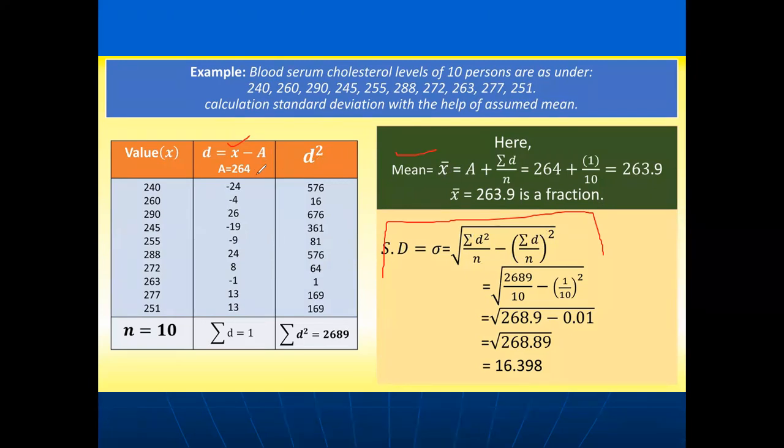So let us assume the number as 264. So based on that, these are the deviation values we'll be getting. Sigma d is equal to 1, sigma d square is equal to 2689. So when you substitute into this formula, the final answer will be 16.398.